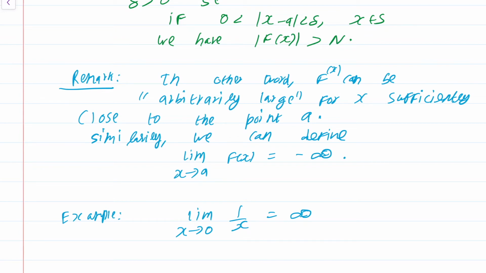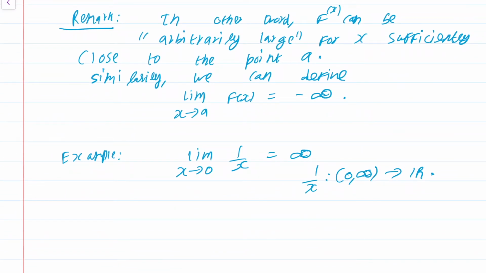So here I have to specify that 1 by x is defined from (0, infinity) to R. I can get away with this by redefining 1 by x to be only on the positive numbers. Now this is fairly easy to show, so I'm going to skip the proof and leave you to do it. This is fairly straightforward.